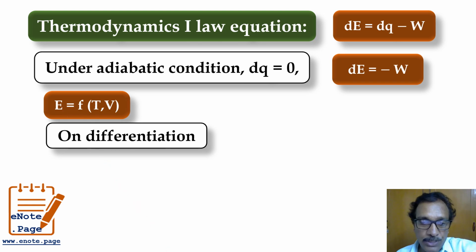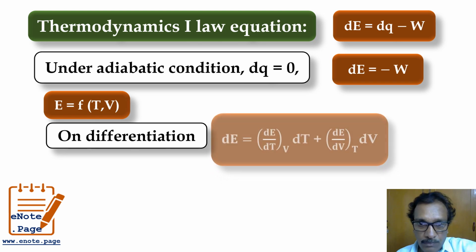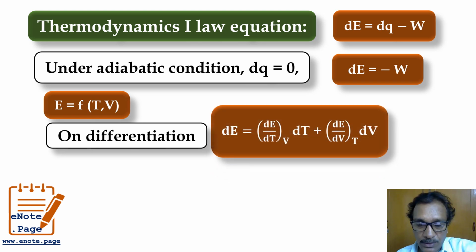So now differentiate this equation. The value of dE is equal to dou E by dou T at constant volume into dT, this is the first term, differentiated with respect to temperature. And the second term, differentiate with respect to volume, so dou E by dou V at constant temperature into dV.